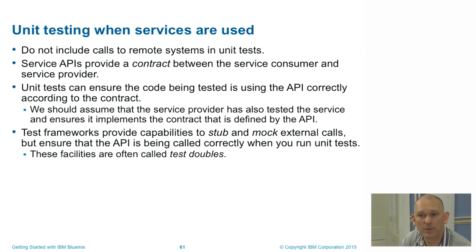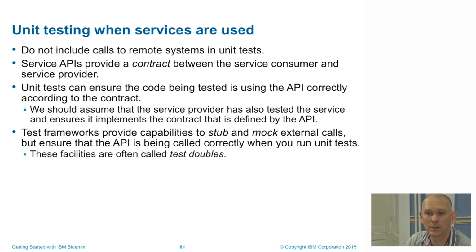One important thing to remember though is when you're using services, you need to be able to test your code, and you don't want unit tests to actually go outside of Bluemix and test the functionality of the service. So you can think of the public API as a contract.